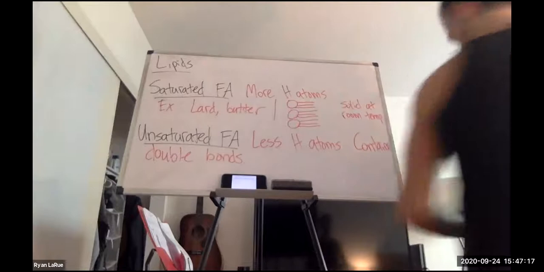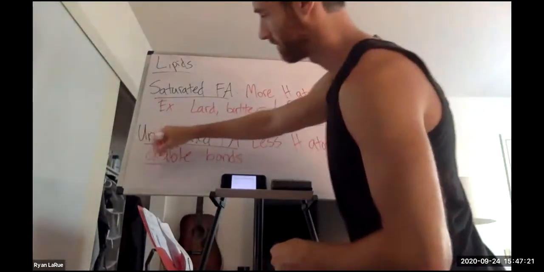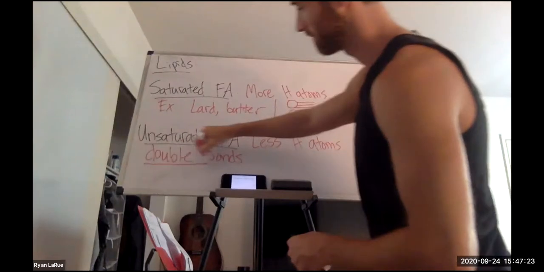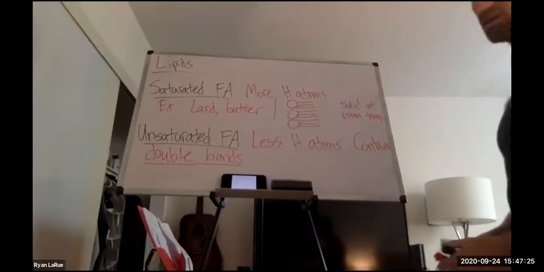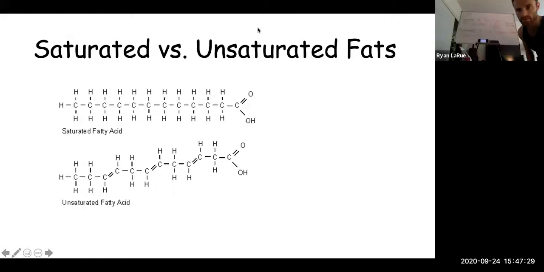Contains double bonds. I'll go ahead and show you what that looks like. There are double bonds where my mouse cursor is. Instead of a single covalent bond, it's a double covalent bond.